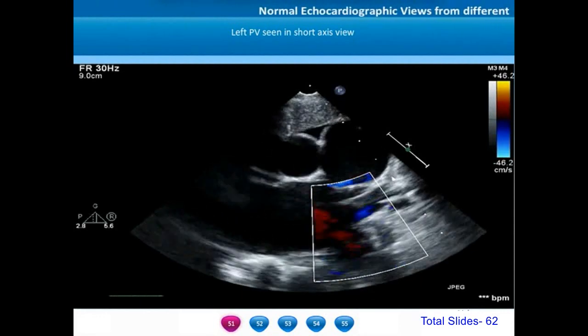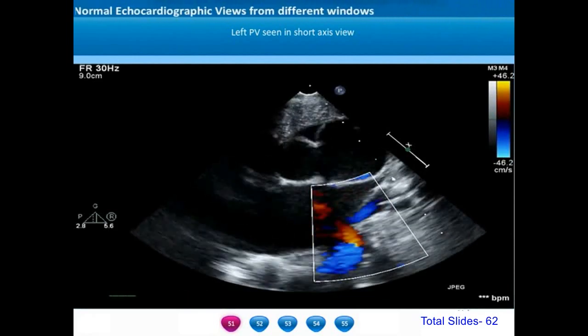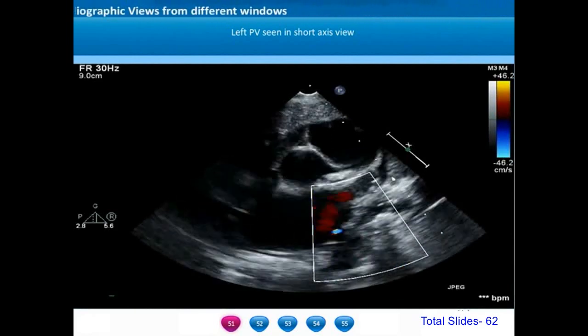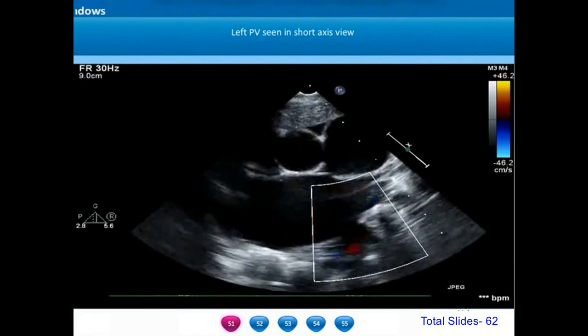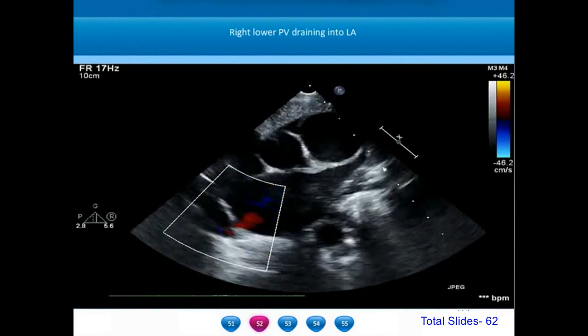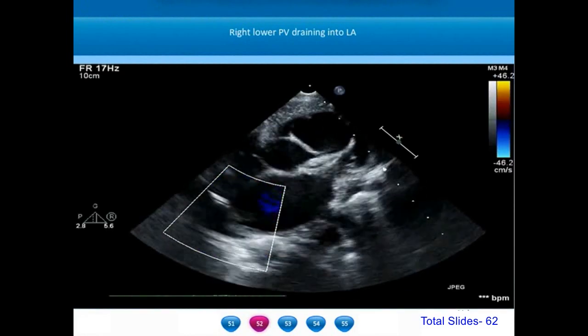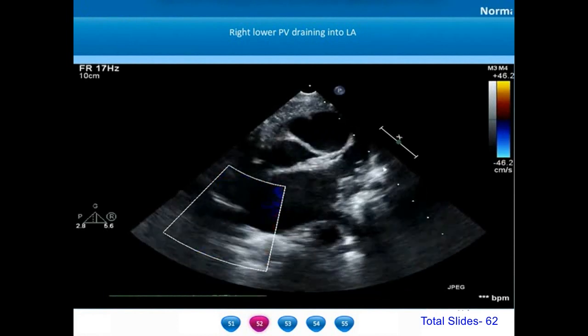The descending thoracic aorta, which is seen here circular as an end-on vessel, is a posterior structure in the mediastinum. On the right side, we can appreciate the right pulmonary veins draining into the left atrium.